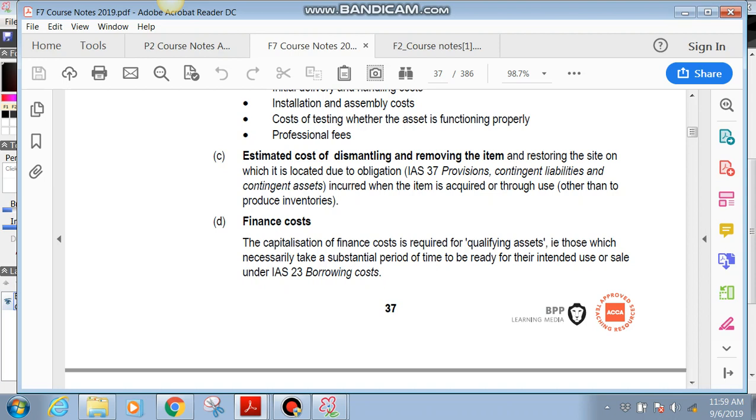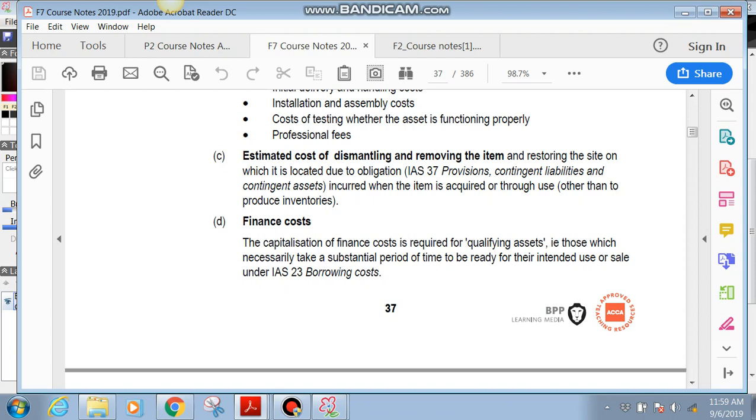Okay. Qualifying simply means that this asset will take a substantial period of time to make it ready for its intended use or sale. The standard IAS 23 borrowing cost requires that this borrowing costs be capitalized together with the cost of that asset which is being constructed.